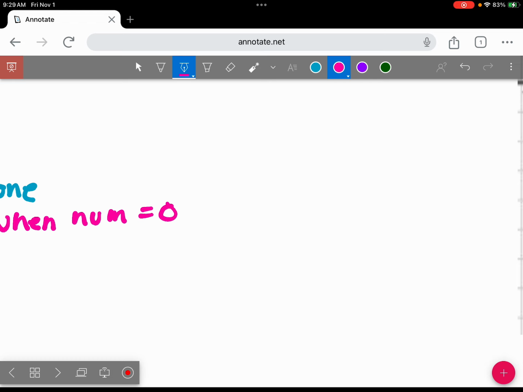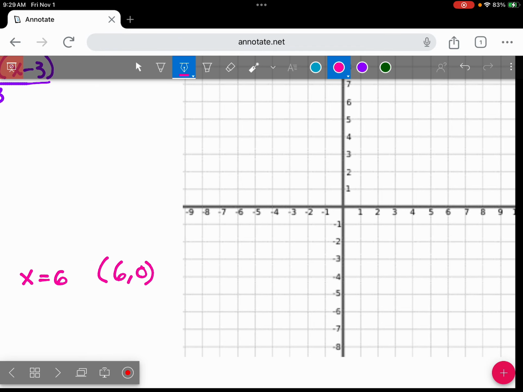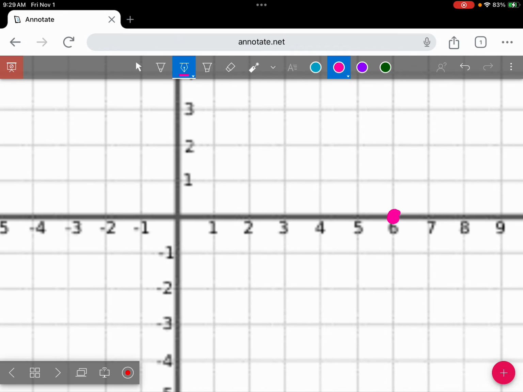When does minus x plus 6 equal 0? At 6. So x equals 6 is our x-intercept, which is the point 6, 0. So we are going to have a point right there. You don't have to put things on the graph as you find them. You can, but you don't have to.